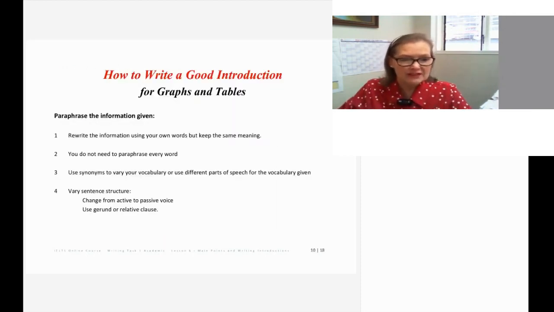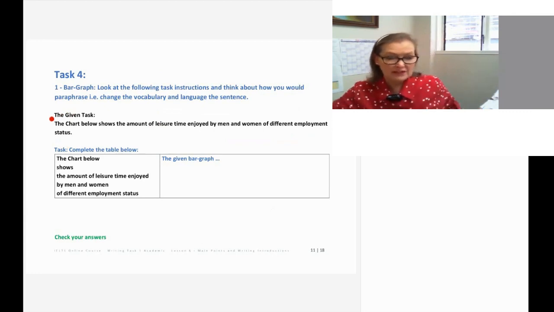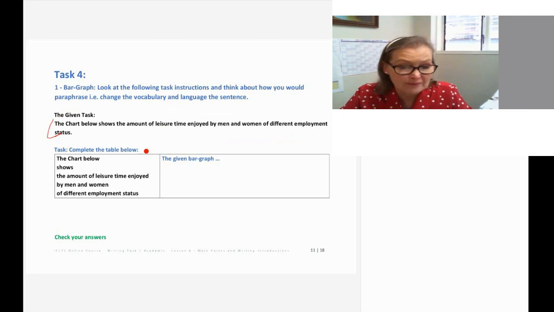So I've done a little table below here, and what I want you to do is look at each part of it and think about how you could actually change that. So if you can make a screenshot of that, just draw yourself a little table on your notepad, and I'll give you a minute to paraphrase your introduction.